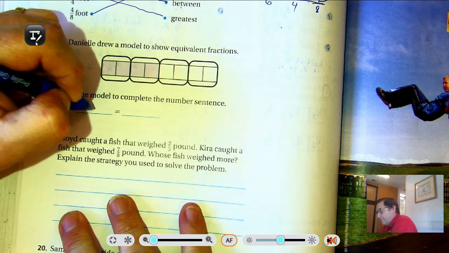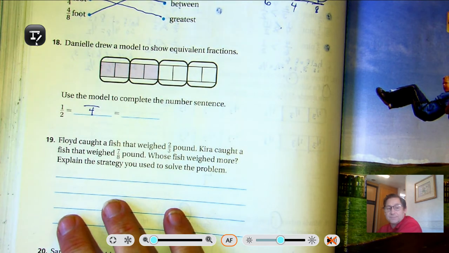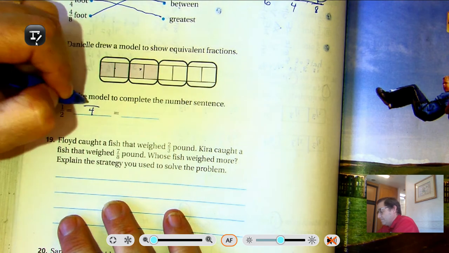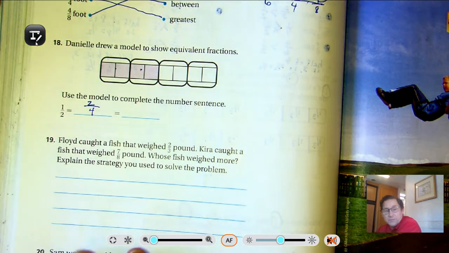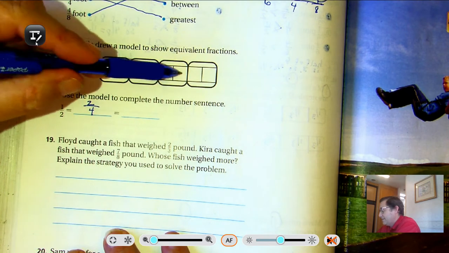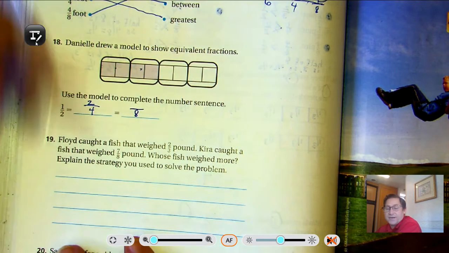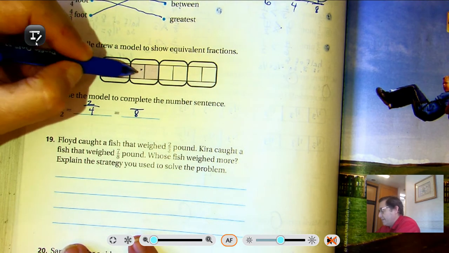So out of 4 equal groups, how many are shaded? 1, 2. Okay, the other possibility is how many total pieces are in the set? 1, 2, 3, 4, 5, 6, 7, 8. 8 total pieces, and how many are shaded? 1, 2, 3, 4.